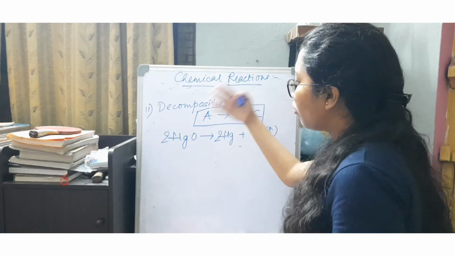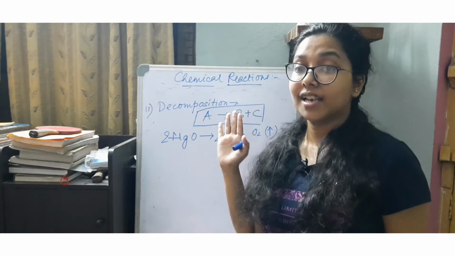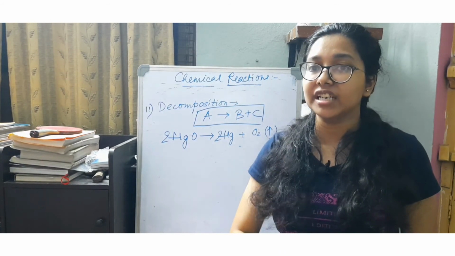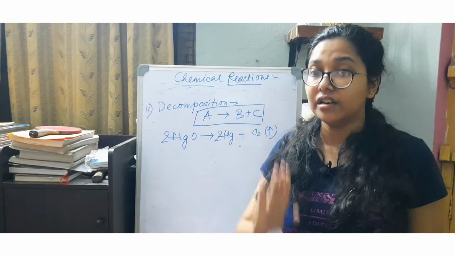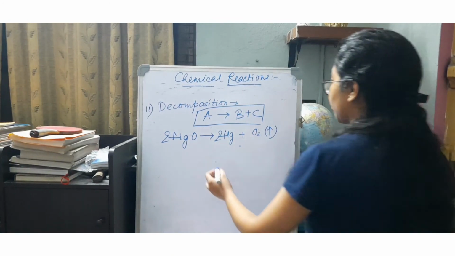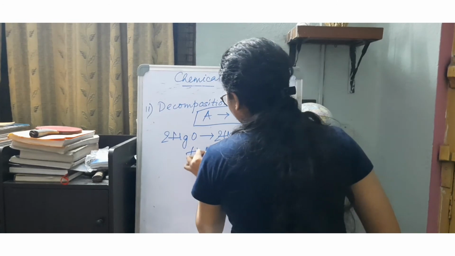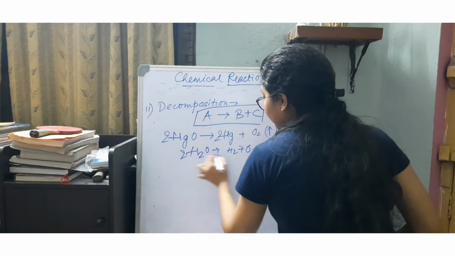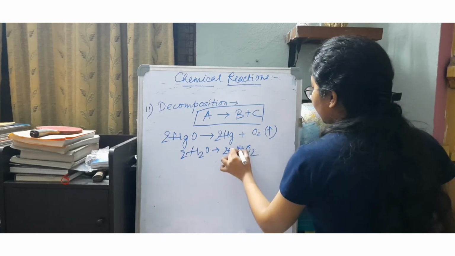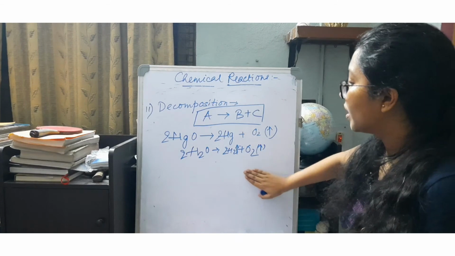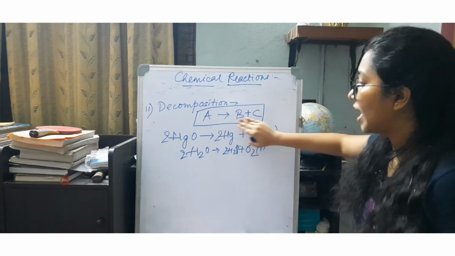Now the most important decomposition is the electrolysis of water. Electrolysis means the breaking down or decomposition of water, which occurs only when electric current is passed through it. That is, H2O will break down to form hydrogen plus oxygen. Both are gases, so use both the upward arrows. So this is also a decomposition reaction.